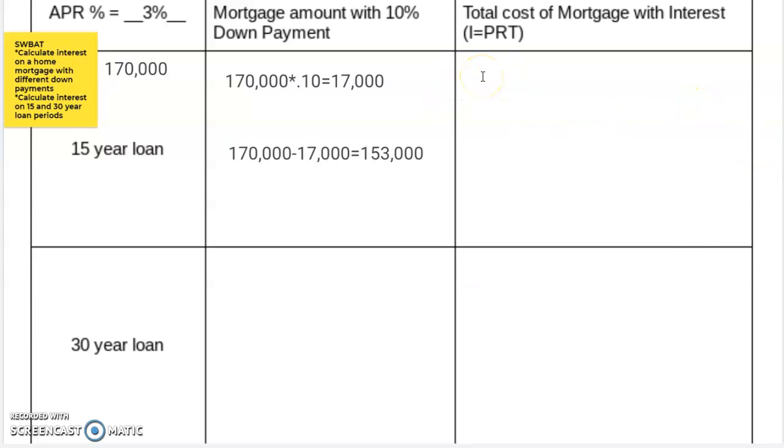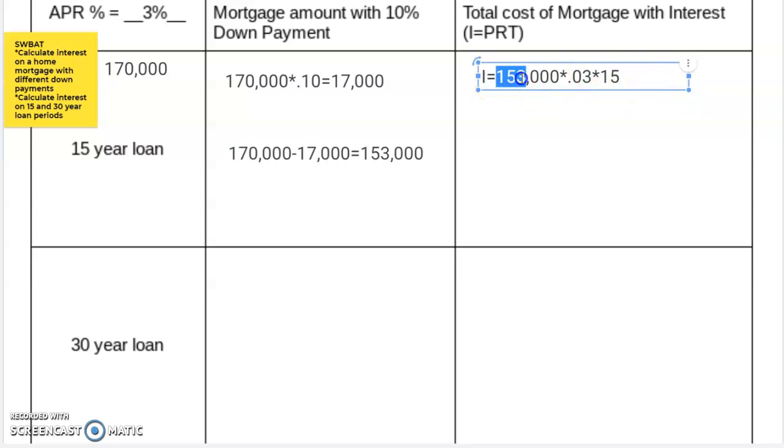Now that we know our mortgage amount, we can calculate our interest, because we don't want to be paying interest on our down payment. So our principal amount, that P, is going to be $153,000. The rate is going to be that APR way up here, and we have to put that into decimal form, 0.03. And our time is going to be our 15-year loan.